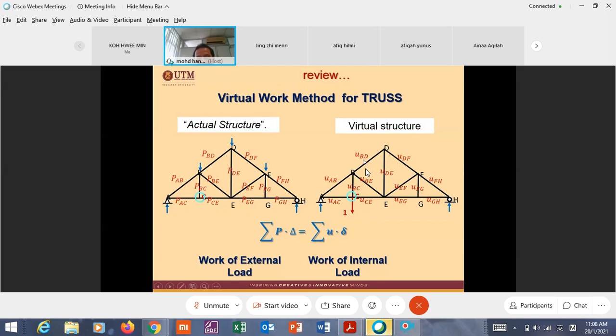These forces are called virtual forces. Then we use the principle of work of external load and work of internal load: P delta equals U delta, where U is the member force due to one unit load, and delta is the actual deflection in each member.